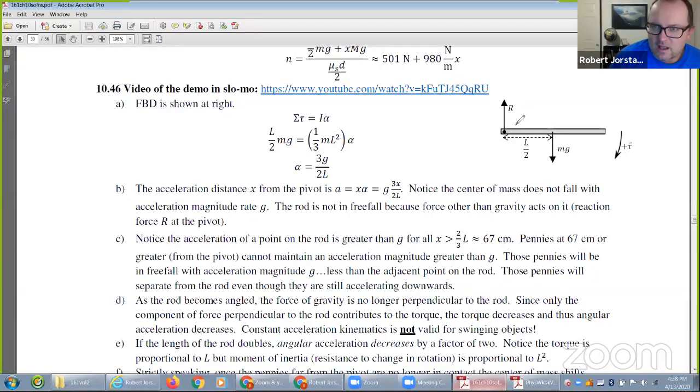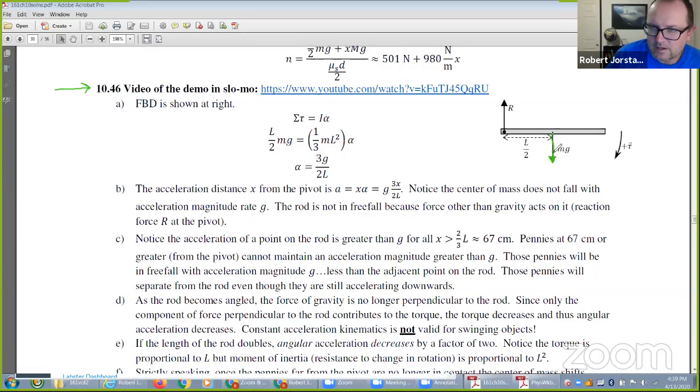There are two forces that act on the ruler. The most important one is this mg. So we know that there's mg, and that's going to act at the center of the rod. Notice something that is different from chapter 5 and 6 free body diagrams.